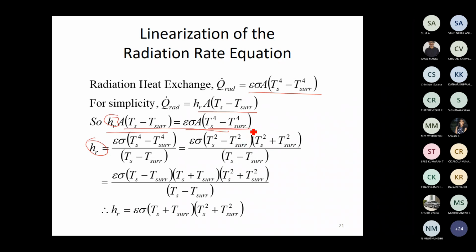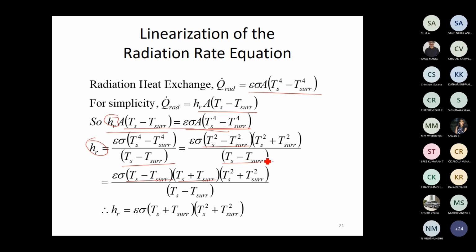So I write this as Ts square minus T surrounding square multiplied by Ts square plus T surrounding square. And in the denominator, we have this Ts minus T surrounding. So again, we have here Ts square minus T surrounding square. It's again like a square minus b square, so it can be written as Ts minus T surrounding multiplied by Ts plus T surrounding.